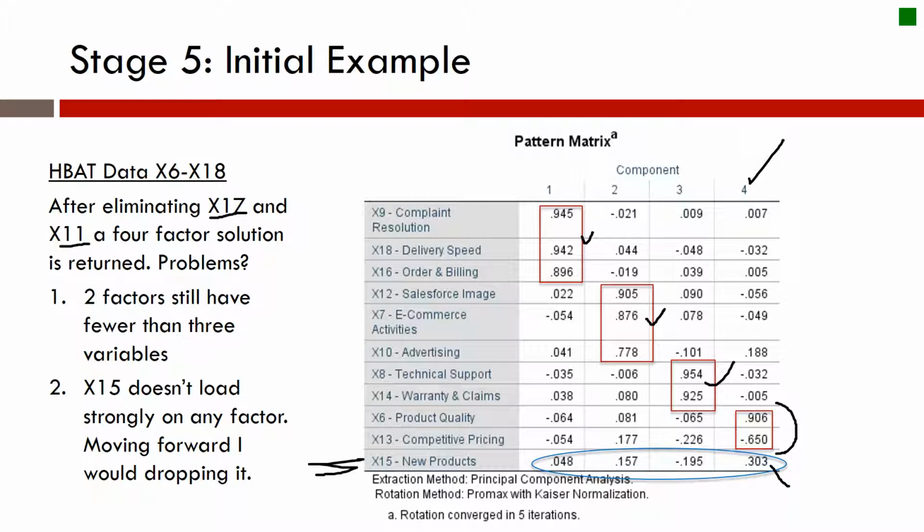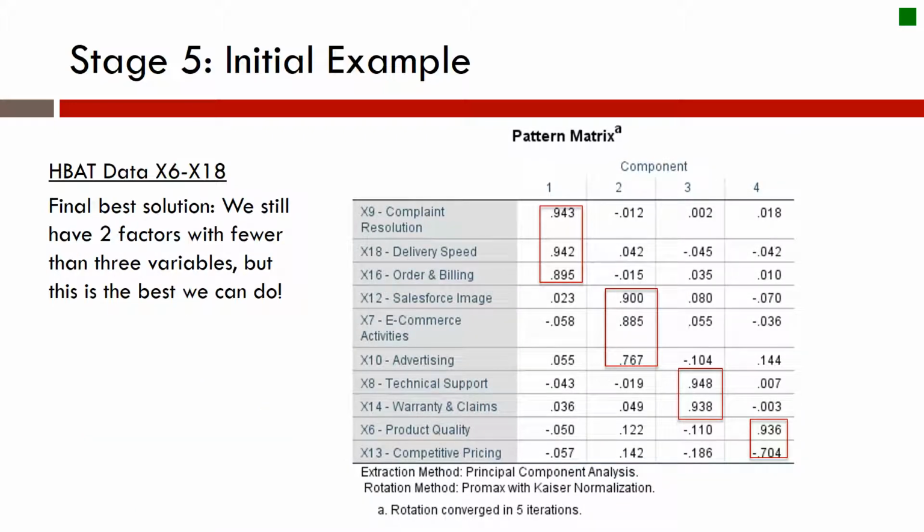0.3303 is the strongest, but for a factor loading, that's still too low. So the next step here now is to drop x15 and see what we come up with. And sure enough, we have a better fitting solution, a better solution overall. This is still a little bit of a problem for me personally.